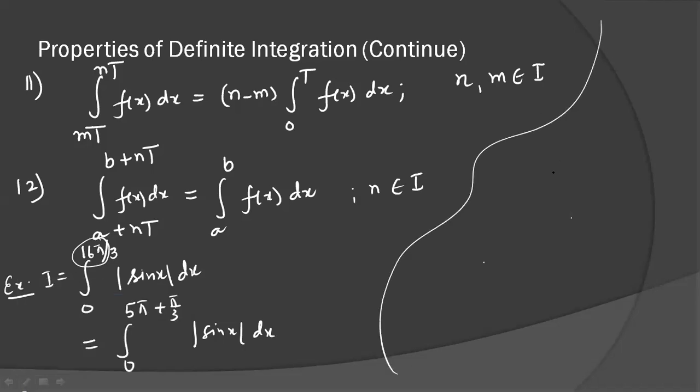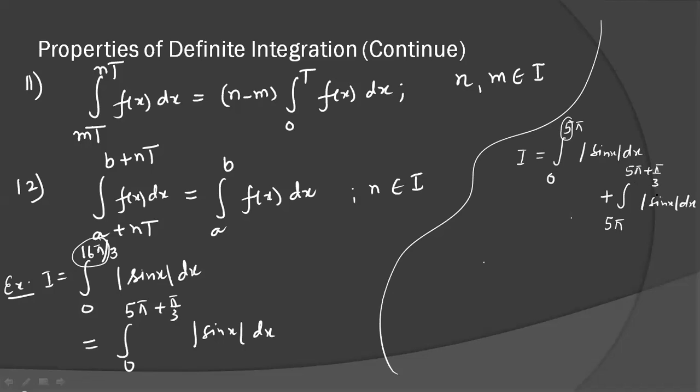So break it as the integral 0 to 5 pi of mod sin x dx, because 5 is an integer and we want an integer in the periodic function property, plus the integral 5 pi to 5 pi plus pi by 3 of mod sin x dx.